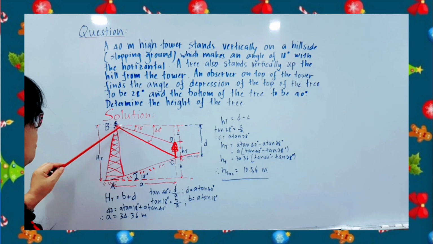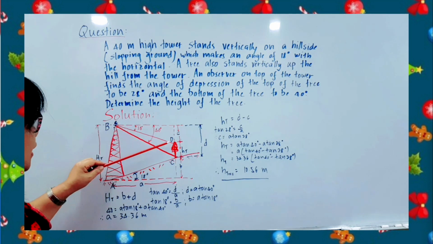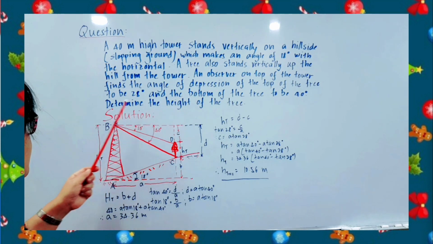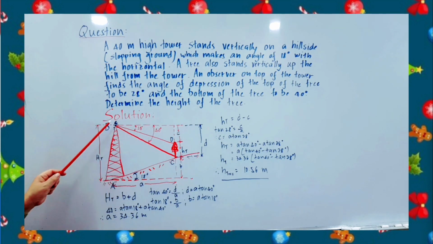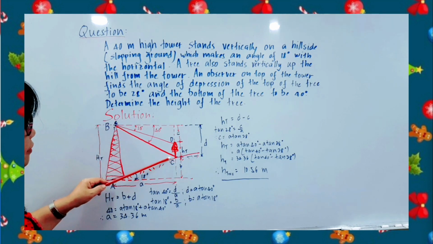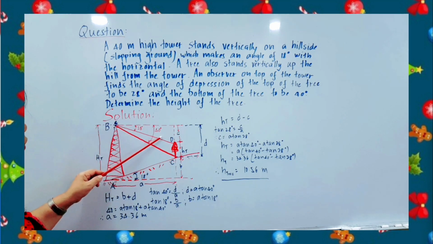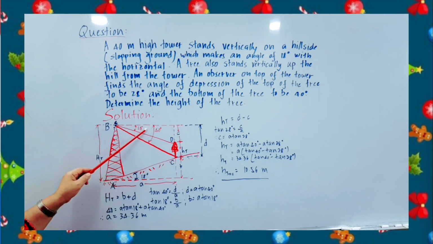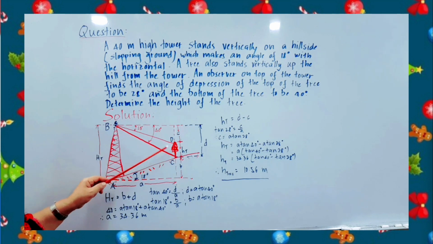This is from the top to the top of the tree. Another thing is the angle of depression from the top to the base of the tree is equal to 40 degrees. So here it is, 28 on the top and 40 degrees on the base of the tree.